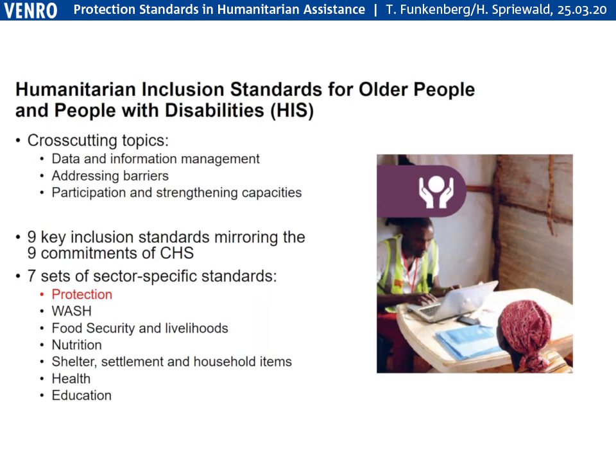They go along identification of persons with disabilities and older people, safe and equitable access, resilience, knowledge and participation, feedback and complaint mechanisms, coordination, learning, human resources, and resource management. And then afterwards, you have 7 sector-specific standards. So for every sector, be it protection, WASH, etc., you have sector-specific standards with specific guidance, etc.